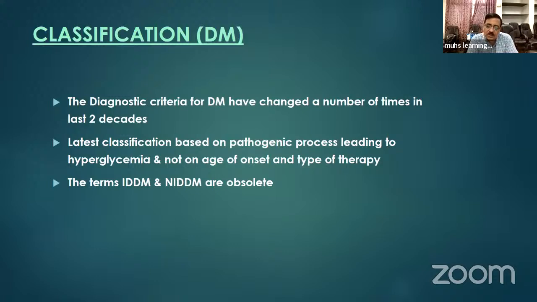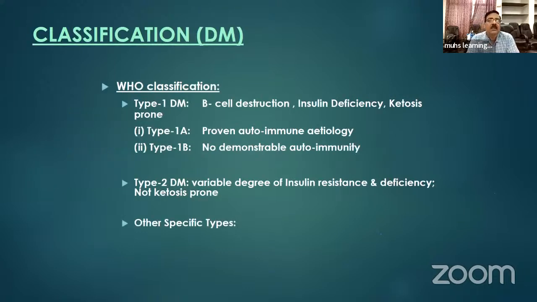The previously used terms insulin-dependent diabetes mellitus and non-insulin dependent diabetes mellitus are now obsolete. Nobody uses them, but some of the older books do have it. The WHO classification, which is the current one, is a very, very important one.